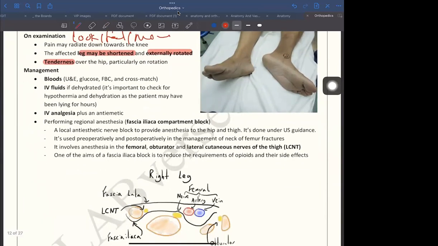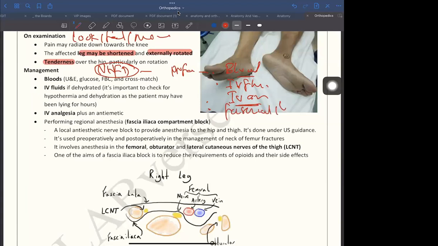In any hospital in the UK, there is something called the National Hip Fracture Database, which is responsible for making a pro forma. So for any neck of femur patient who has presented to A&E, you need to get all the bloods done, give them IV fluids and IV analgesia, and give them the fascia iliaca block.